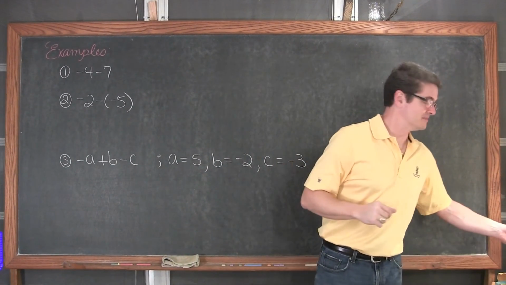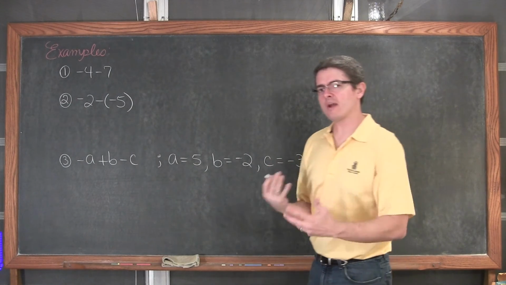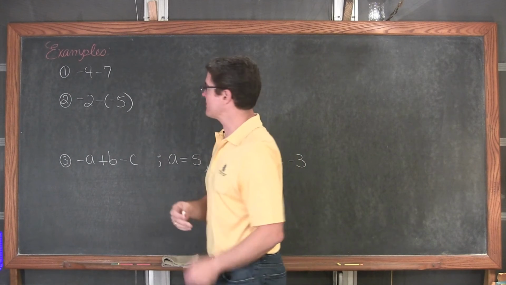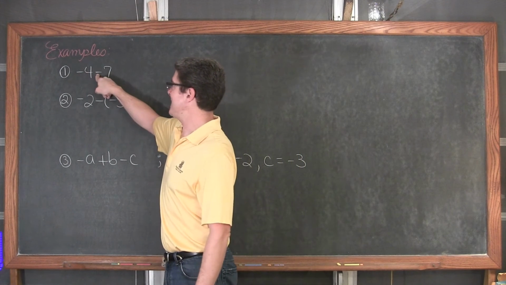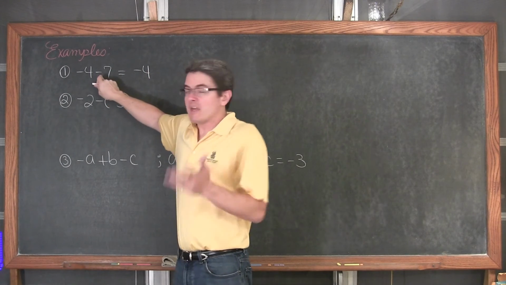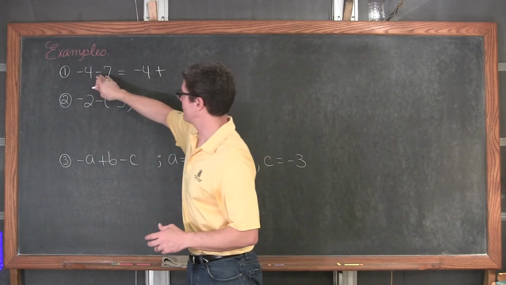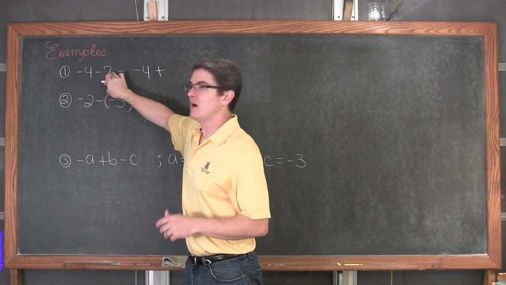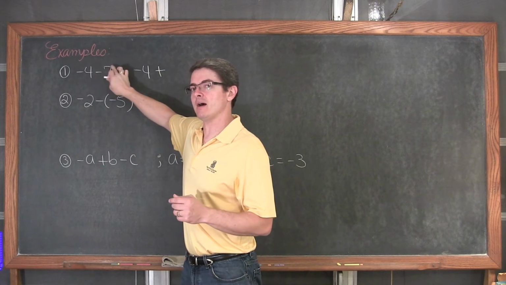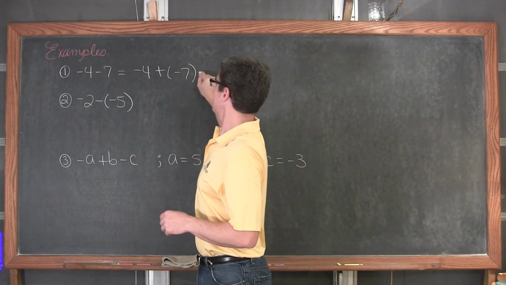-4 minus 7. Well, again, if you want to subtract, you can rewrite that as adding the opposite of that number. So I can rewrite that as -4, change that subtraction to addition, and add the opposite. If I want to subtract 7, I want to add the opposite of 7, and so it'd be -4 plus -7.